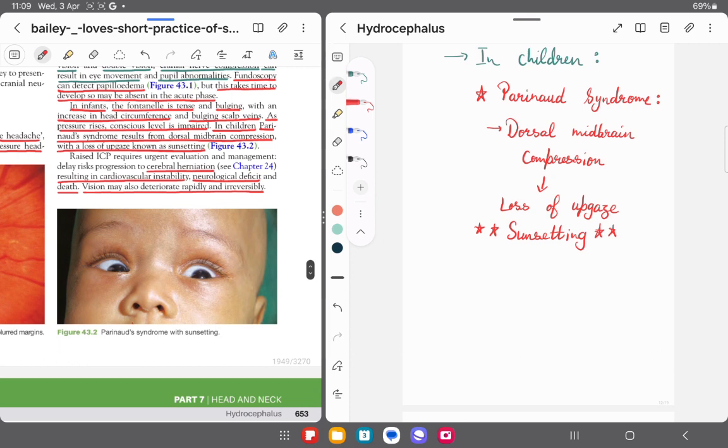Vision may also deteriorate rapidly and irreversibly.